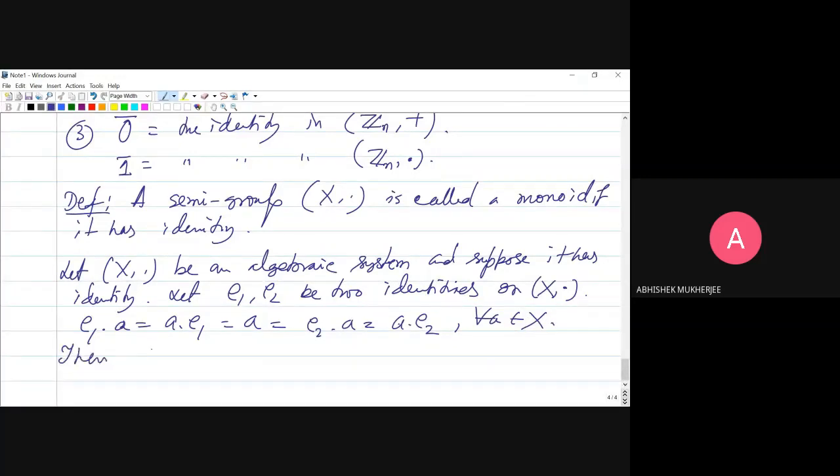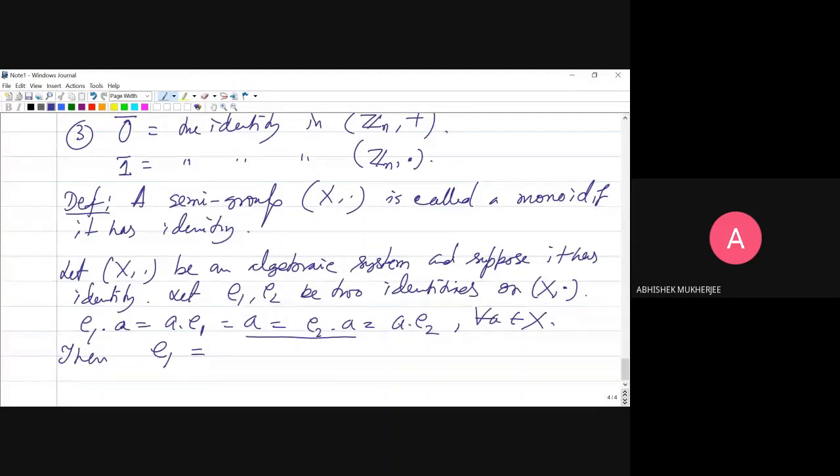Now start with E1. Then just put E1 in this equation, A dot E1 equal to A. Then what will happen?